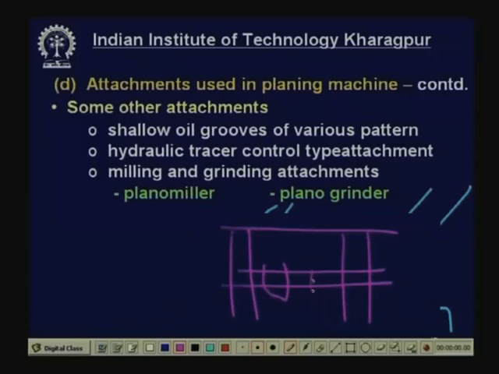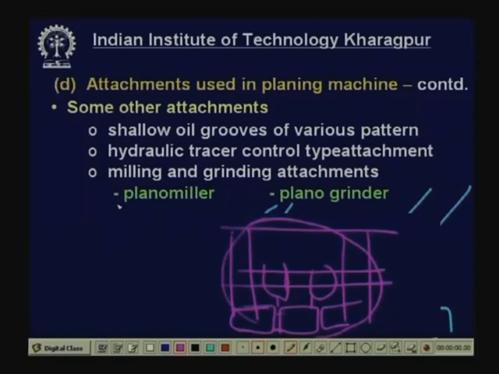So, these milling heads will be hanging, or put from the side, and all these cutters will produce the job in one stroke. So, this is a very high productive system. Now, this is very common, utilizing this concept nowadays. A machine called planomiller has been developed.